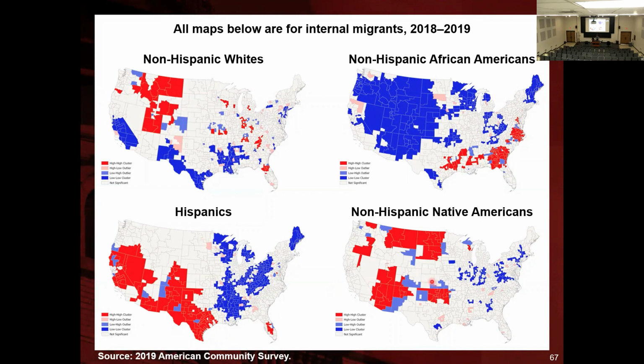Native Americans relate to reservations. Non-Hispanic whites are not moving exactly to areas where you have more Hispanics, which creates segregation, right? And African Americans, for me, also really interesting. It shows the return migration to the South, and this huge portion of the country that they are not moving to.